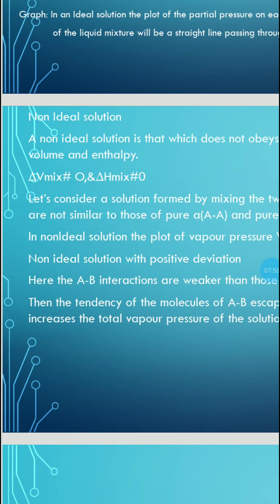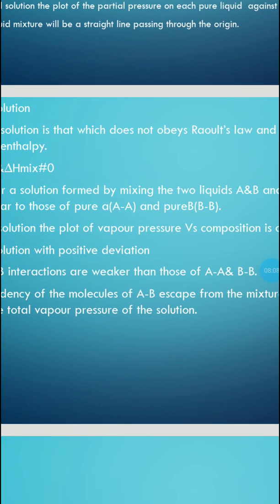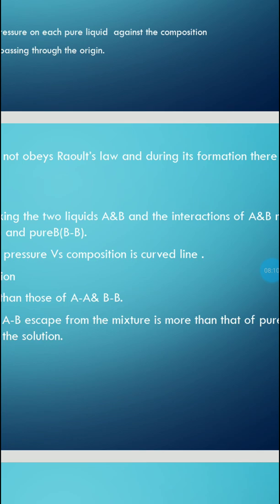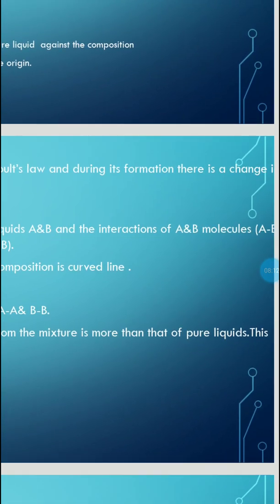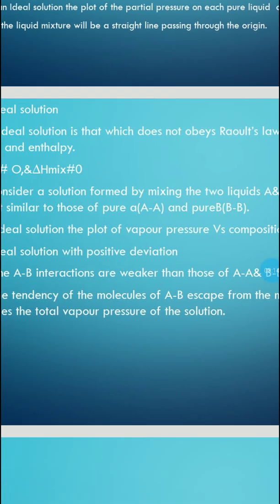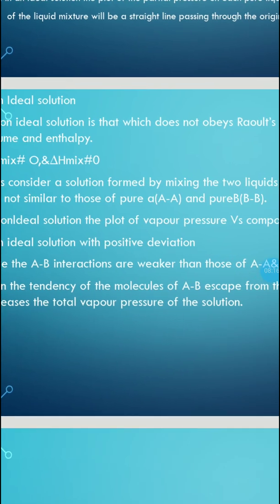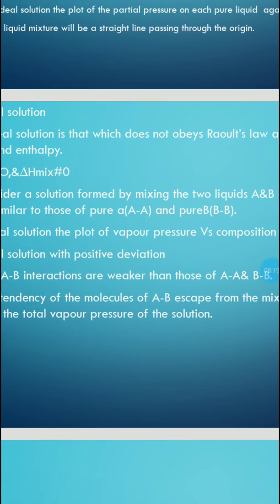But here delta V mix is not equal to 0 and delta H mix is not equal to 0. Let us consider a solution formed by mixing two liquids A and B, where the interactions of A and B molecules, that means AB, are not similar to those of pure AA and pure BB.